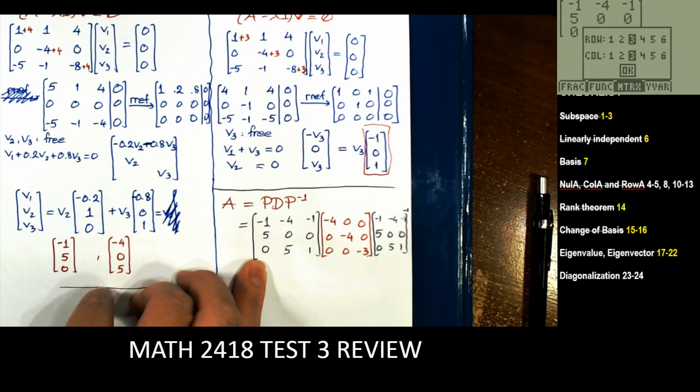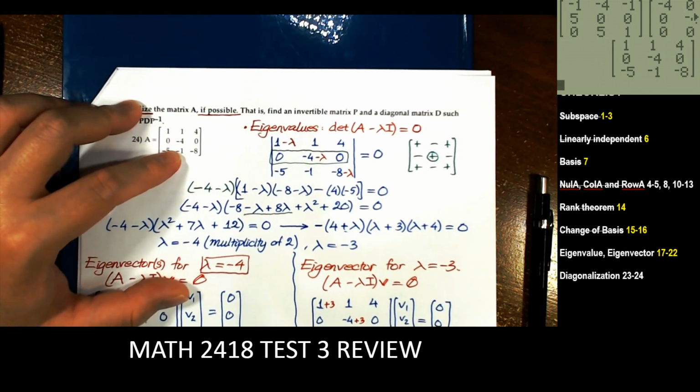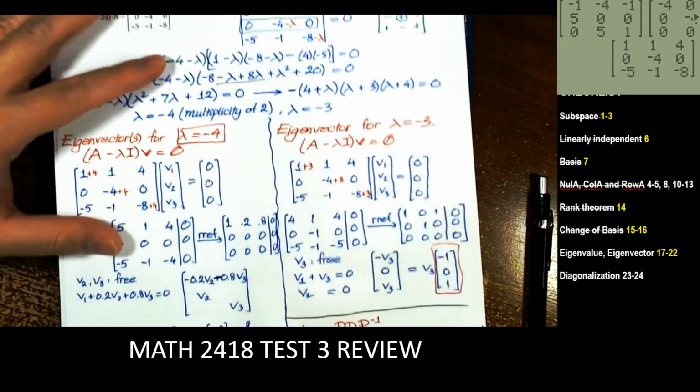Multiplied by the diagonal matrix, and we should get back the original matrix A. When that happens, that means we did the problem correctly.